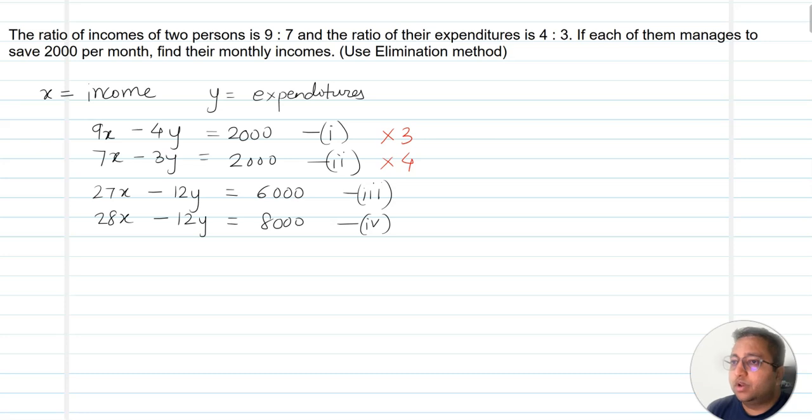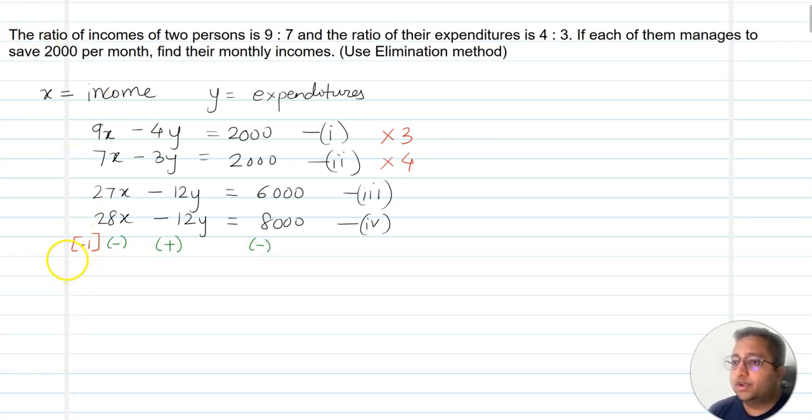Now, in order to get rid of variable y, I will just multiply equation 4 by -1 throughout. And this will result in sign changes as follows. This will become minus, this minus will become plus, and this will become minus.